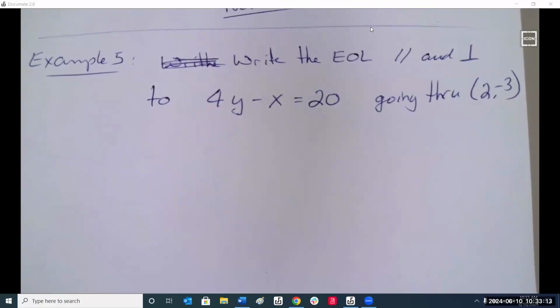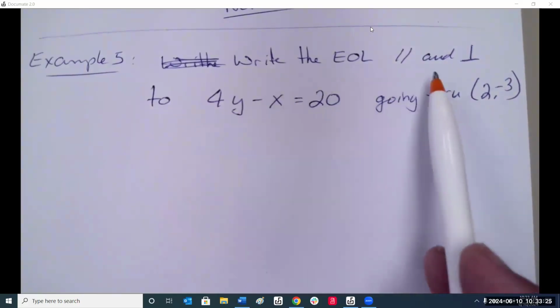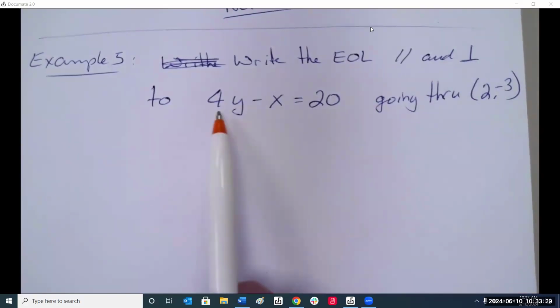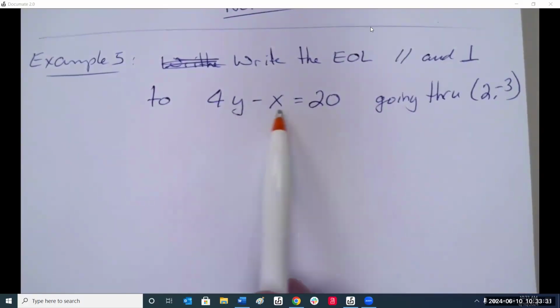So what's the first thing you think we have to do? Exactly. We have to find the slope of what? Because remember, we're looking for lines that are parallel and perpendicular to this line. So we have to know everything about this line.